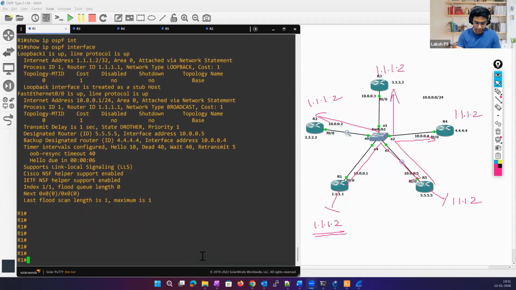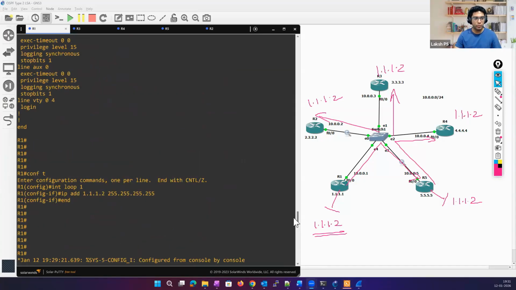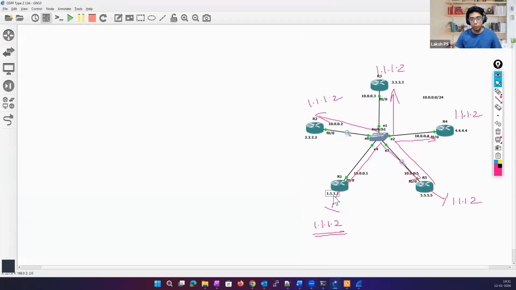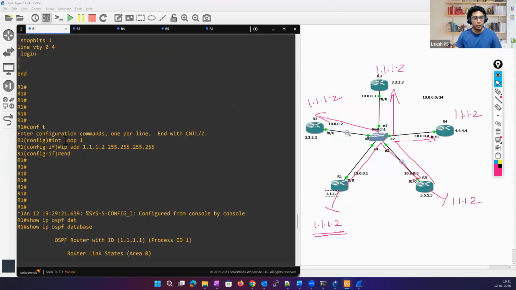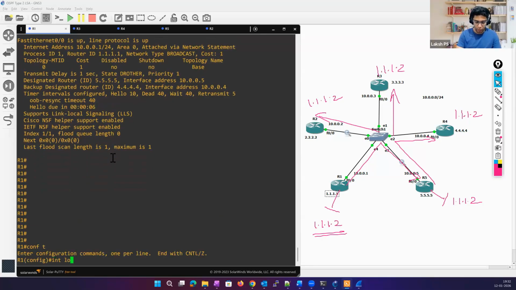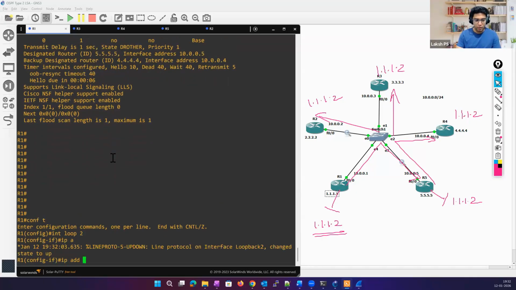What happened is I typed a wrong command when configuring the IP address. 1.1.1.1 was already loopback 1, but the moment I typed loopback 1 as 1.1.1.2, the IP address of 1.1.1.1 got overwritten by 1.1.1.2. So let me add a new interface loopback 2 with IP address 1.1.1.1 255.255.255.255.